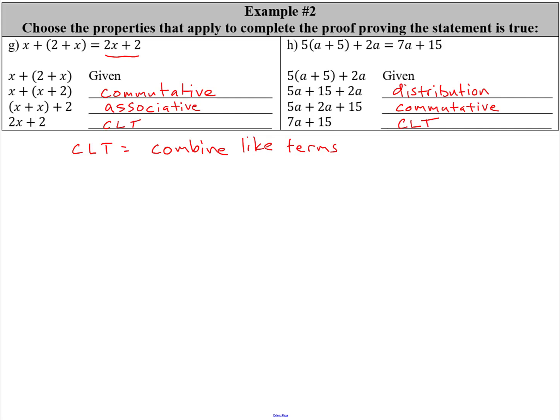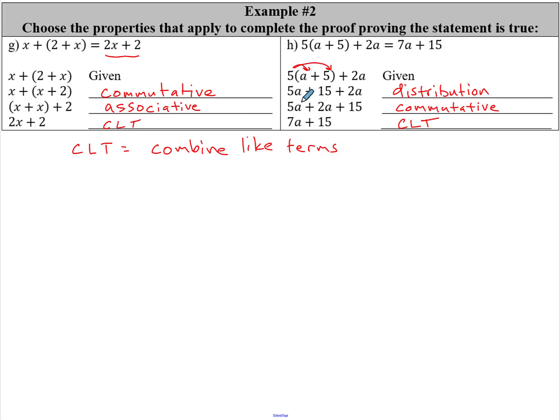All right, welcome back. So hopefully you got the same thing that I did. What we did here was we actually distributed this 5 into this grouping of this a plus 5. Remember that we are going to be multiplying, so we could do this little rainbow trick right here. I'm going to show you another method shortly, but this one's the most common one used.